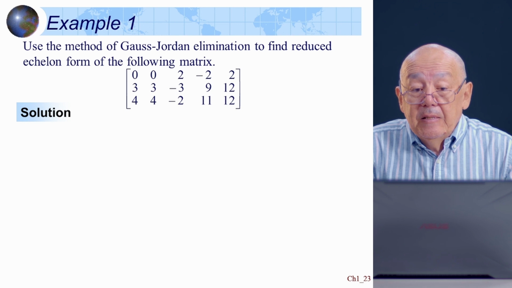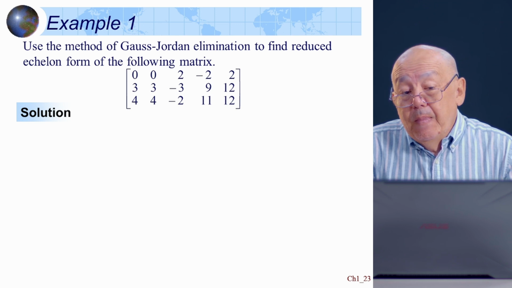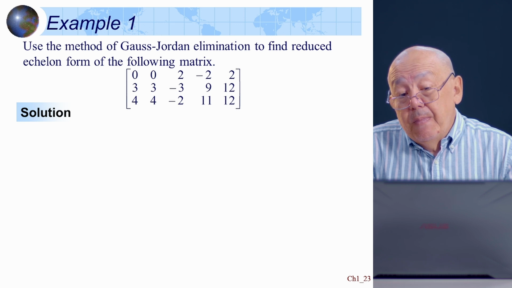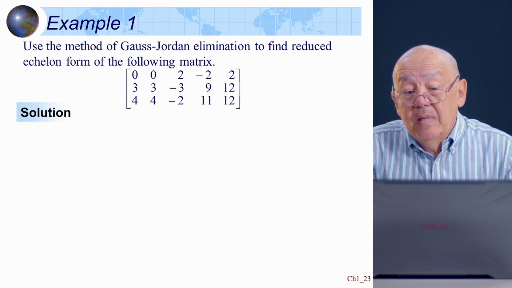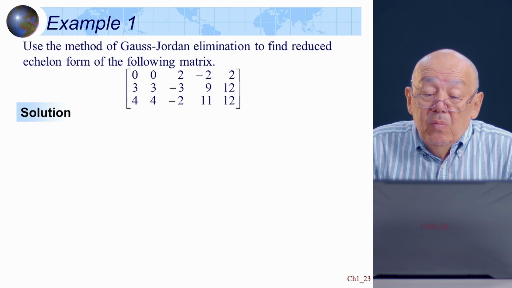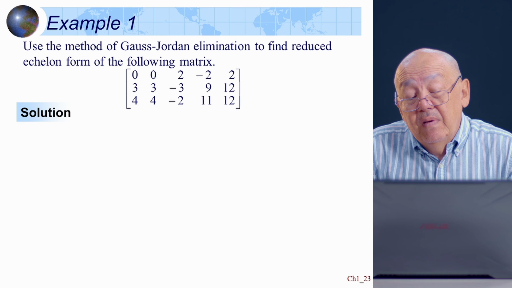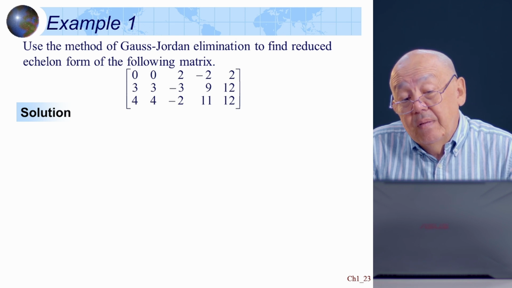So let's see the application of this method. This is a little bit more interesting case than previous examples, because how many equations do we have here? 3 equations, but the number of variables is more than 3. We have 4 variables, okay?